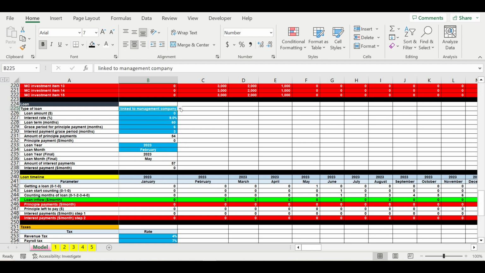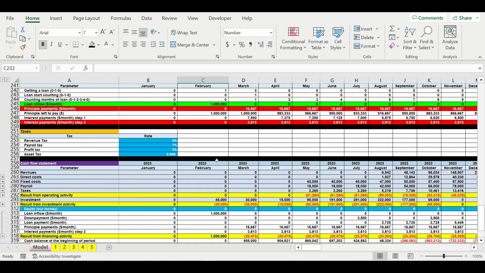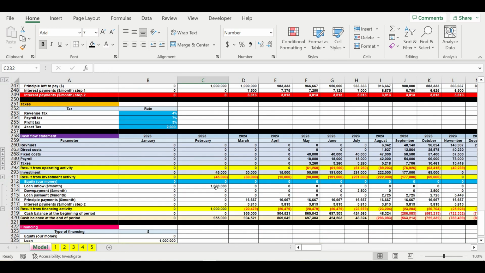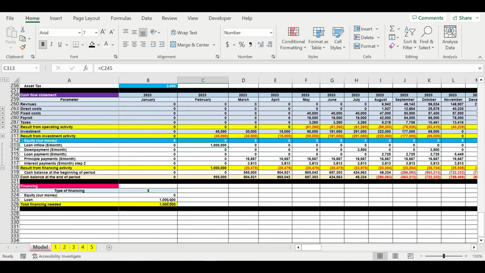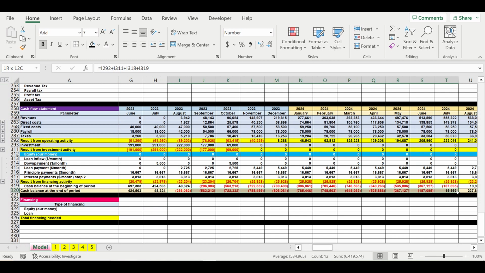So this will be an independent loan, $1 million, we will have no grace periods. So here we have this loan. We can see this loan added to our financing, and here we still see the cash gap.